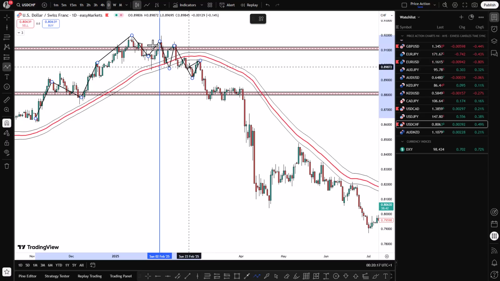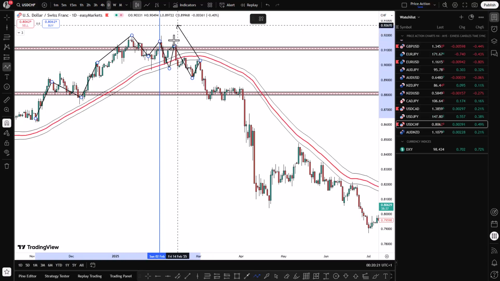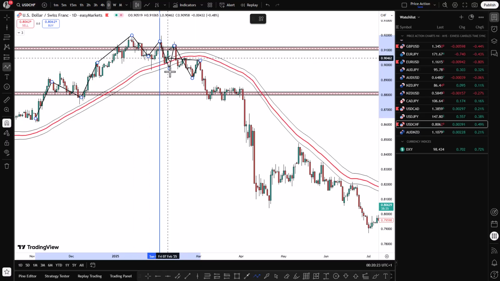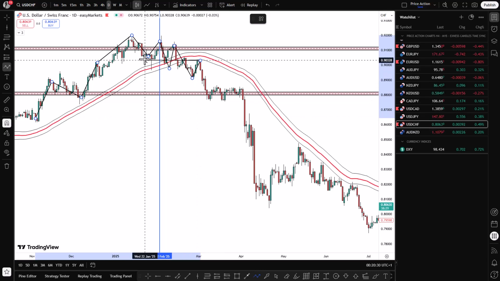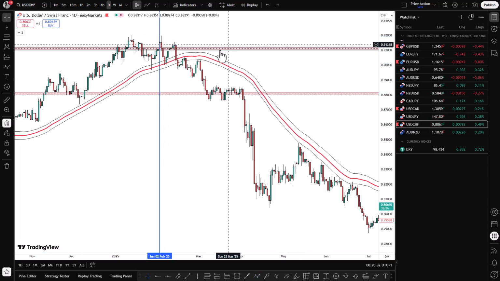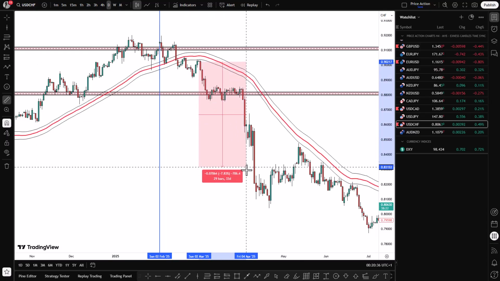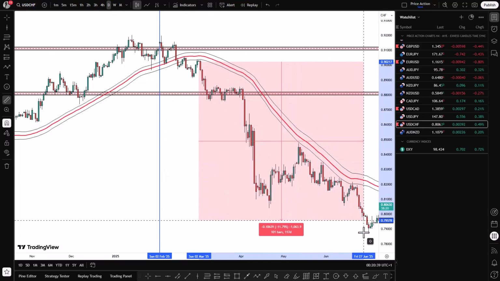So it went from forming higher highs and higher lows to now finding it difficult to continue forming higher highs and higher lows, but then breaking the market structure of the uptrending market and switching to a market structure of a downtrending market, which is now lower lows and lower highs. And you can see that this setup was just so clean, because after this switch, price just moved down so quickly on this particular currency pair.